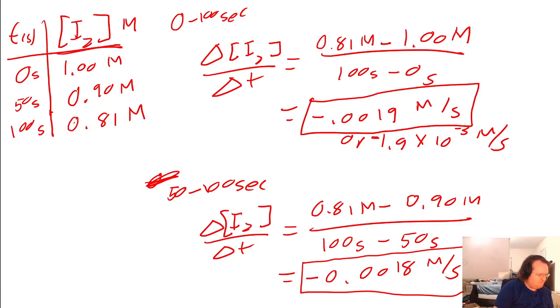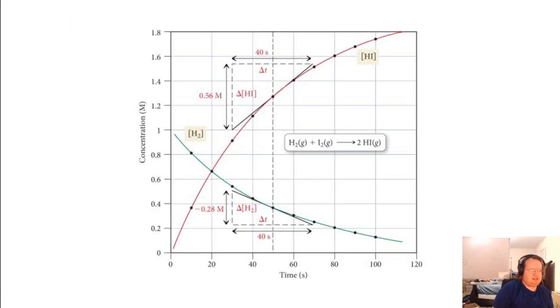Now, what does this look like, graphically speaking? So this is a good representation of this. For example, this one's looking at H2. Let's say H2 started at 1 molar. As our concentration goes down for hydrogen, our HI is simultaneously going up.